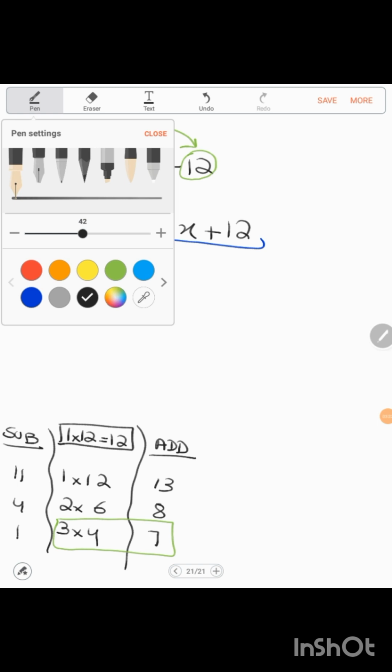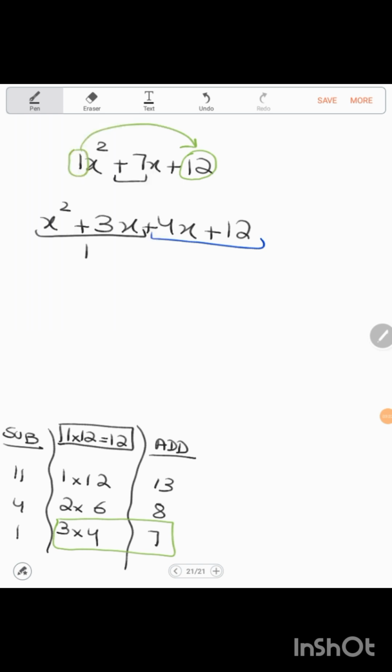For the first one, the common is going to be x, because x is present in both terms, and the least power of x we can take is just 1. If we take x as common, what are we left with inside the bracket? x plus 3. Now in the second part, you can see there is no x with 12.